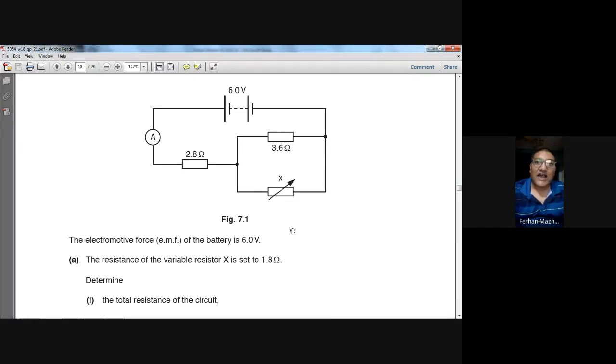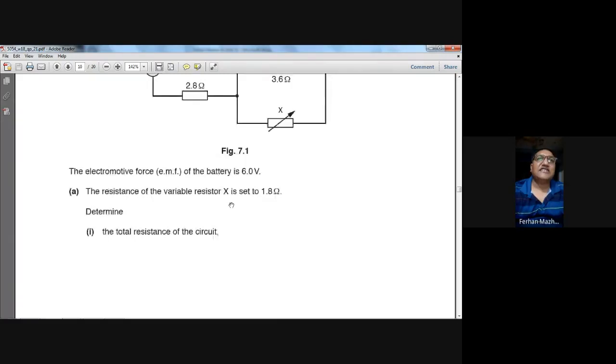Their equivalent resistance is connected in series with 2.8, so I can calculate the total resistance by simply adding them, and find the resistance of the whole circuit.